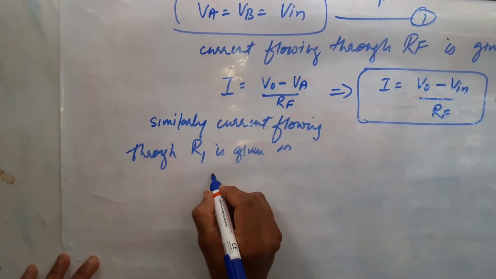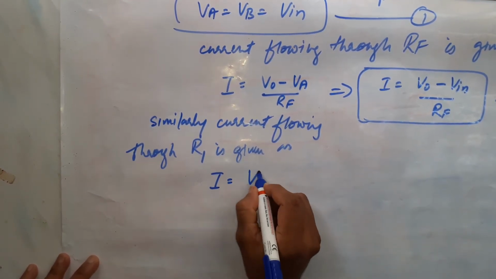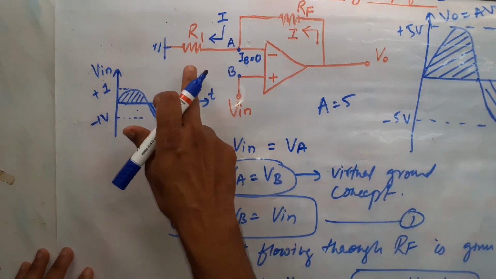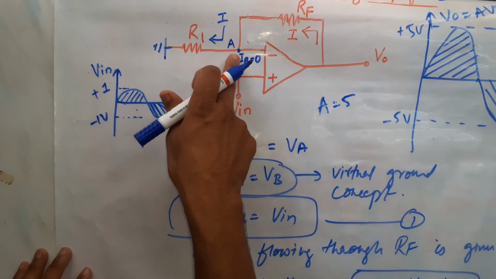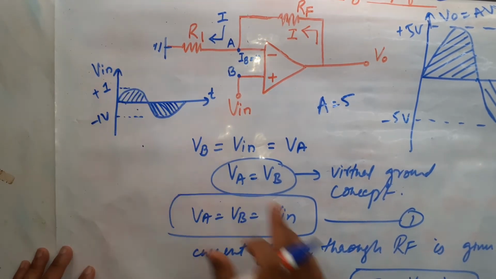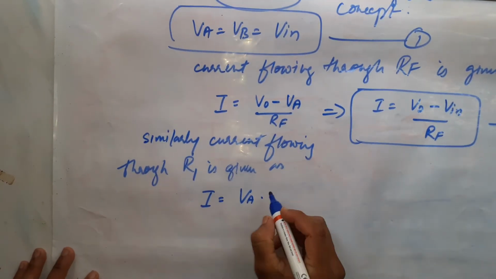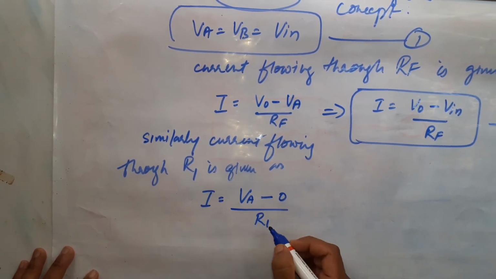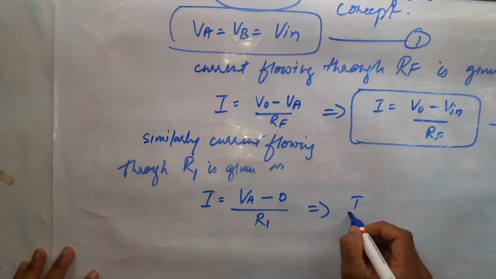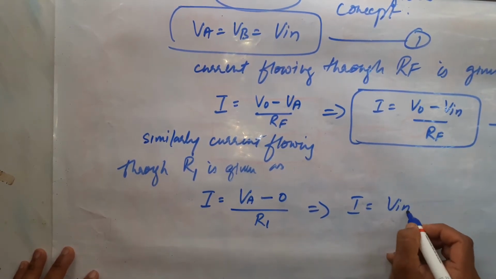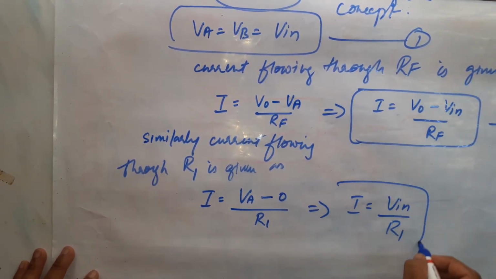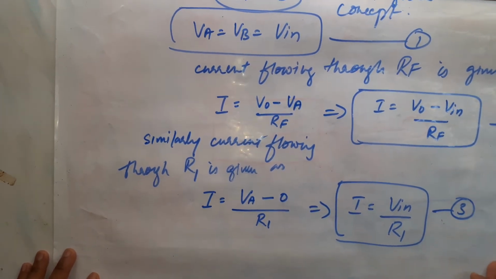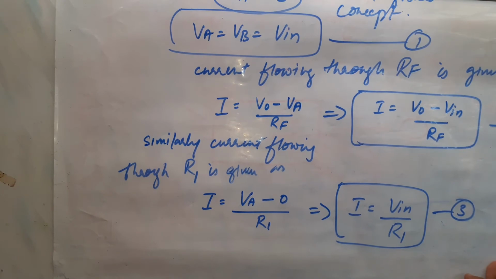I. So I can write I equal to VA minus what is here? Ground. Ground means 0, right? VA minus 0 divided by R1, which is nothing but I is equal to Vin by R1. Let this be your equation 3.